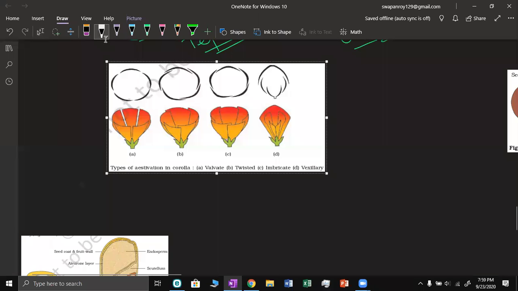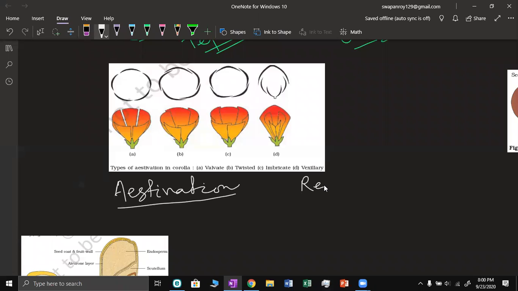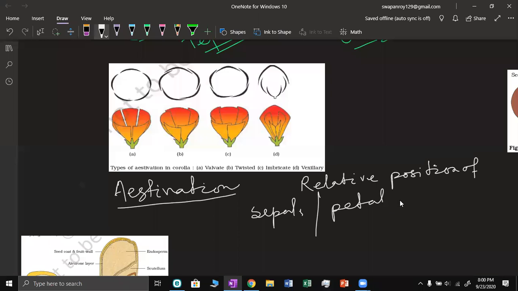Here, this is called the estivation. Estivation is the relative arrangement, or the relative position, of sepals or petals in flowers.